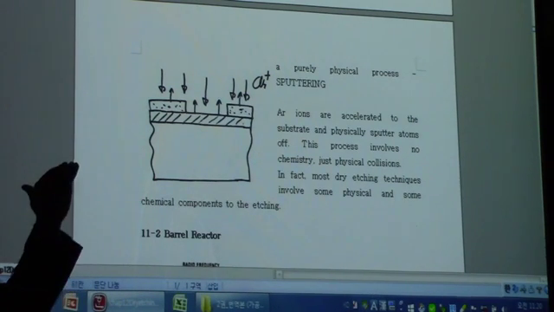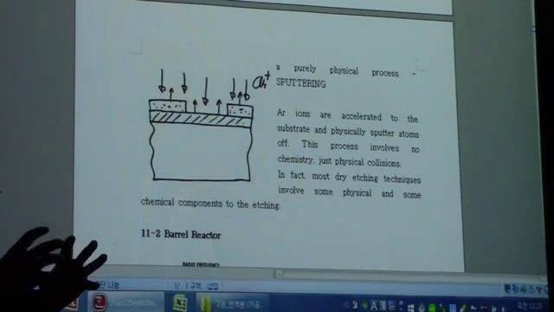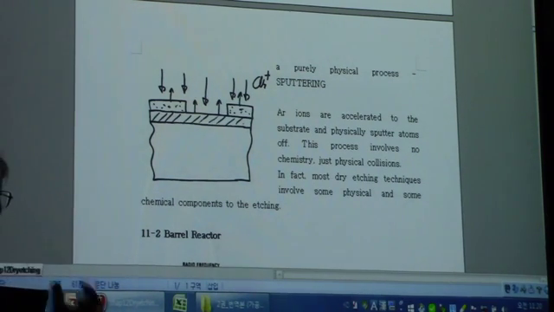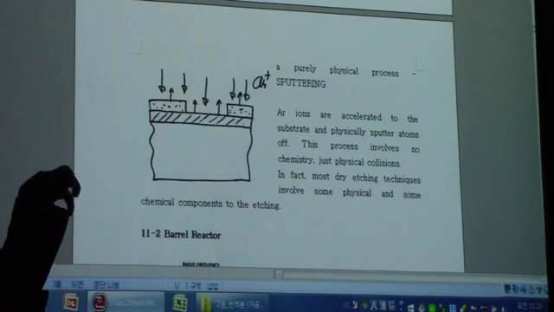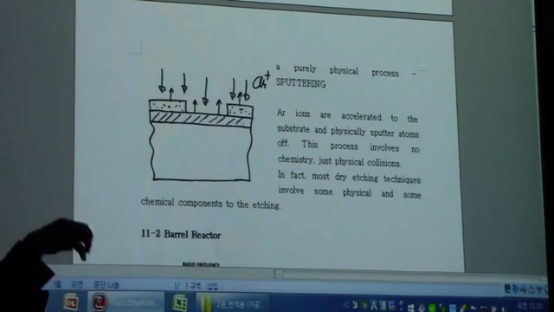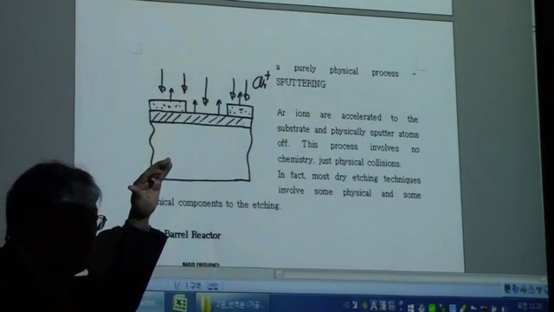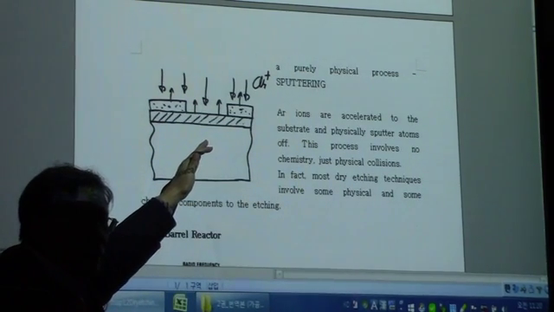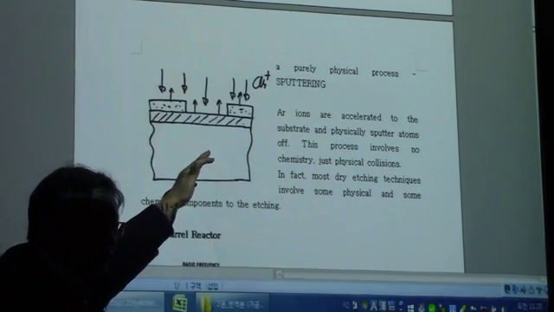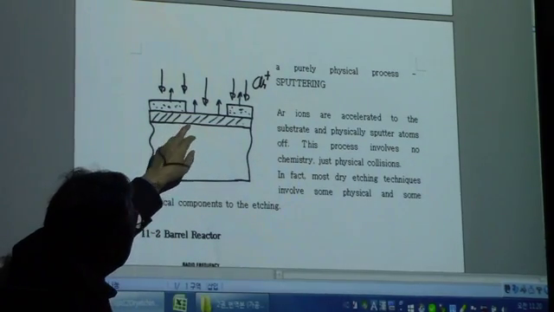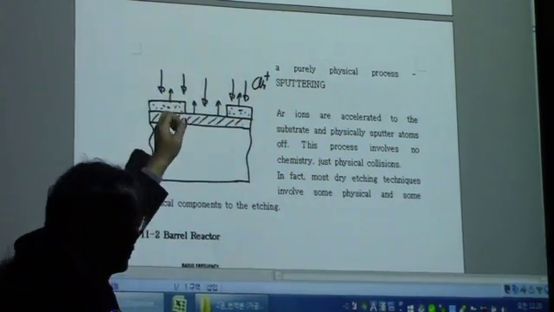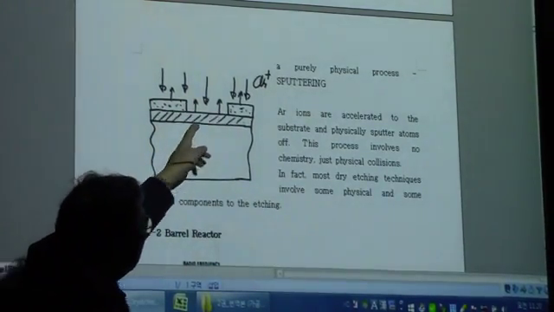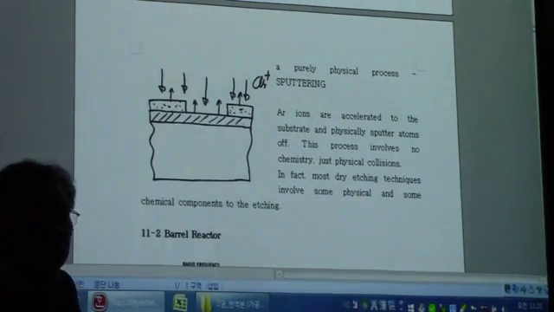And with that DC characteristic, the ions are going to feel the field. So it has a direction. It is going to move towards the negative direction. So if you place your substrate on the negatively grounded part, then the argon plus is going to be accelerated with the self-bias, and then it's going to hit the surface atoms to take them off.